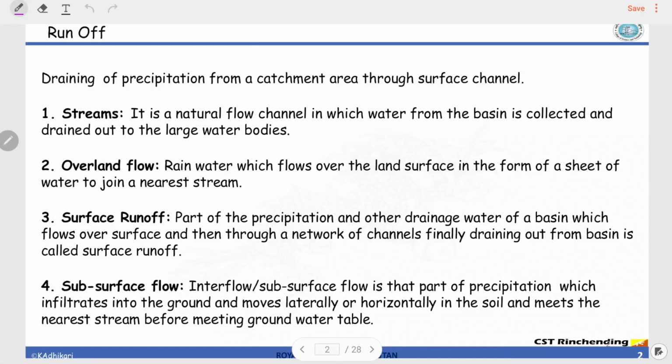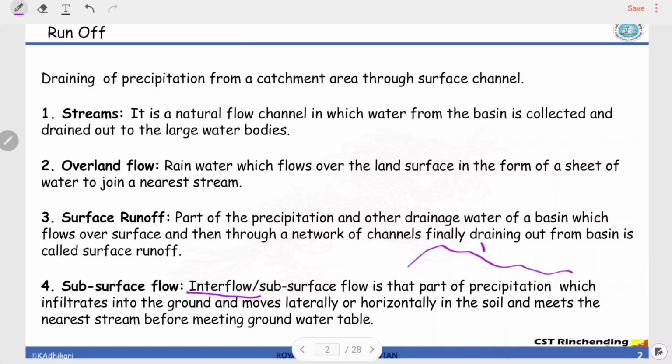The next term is the subsurface flow or the interflow. Here, as soon as there's a rainfall, as I explained, there's infiltration. Some portion of water infiltrates into the ground, but it starts to move laterally. Laterally means, let's say there's a mountain topography.